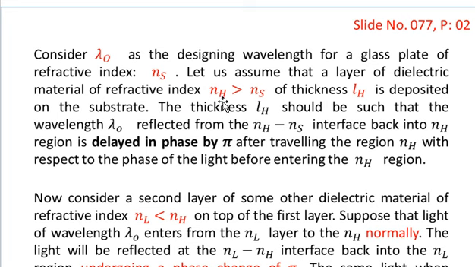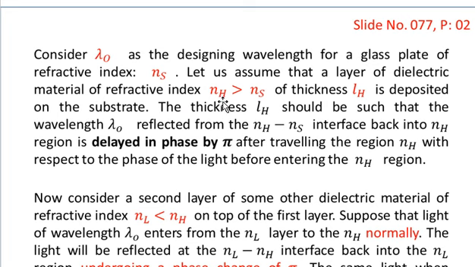We are considering the light which is reflected from the NH and NS material. Here we are actually talking about phi 2, which has traveled a distance of 2 times LH within the NH material. So the phase change at the first interface, that is the NL and NH interface, has been shown as phi 1. Now this phi 2 is due to the distance that the light will travel within the NH region, equal to 2 times LH.